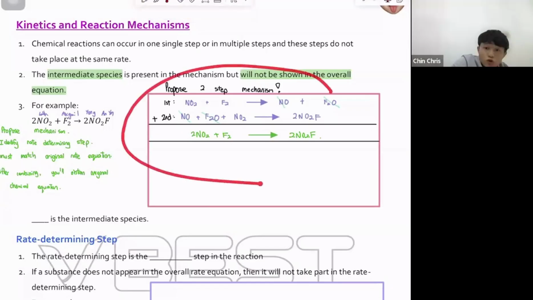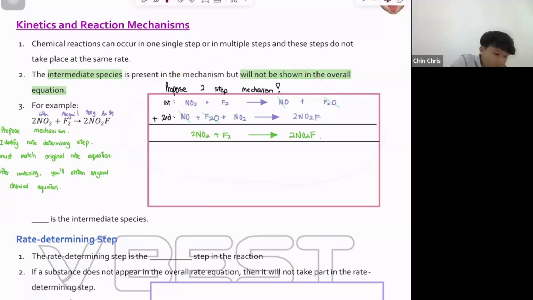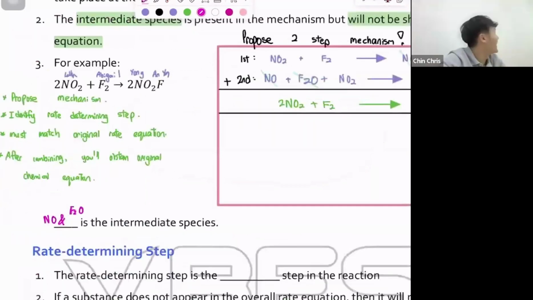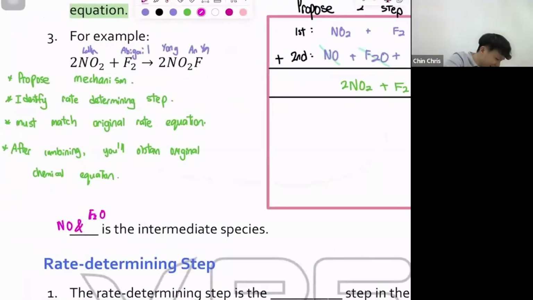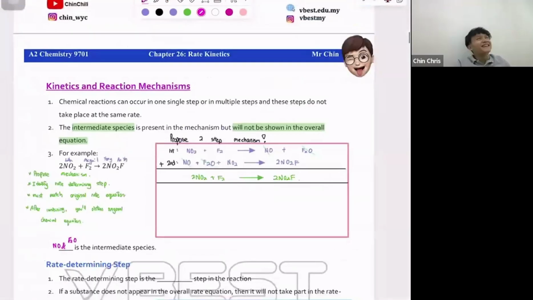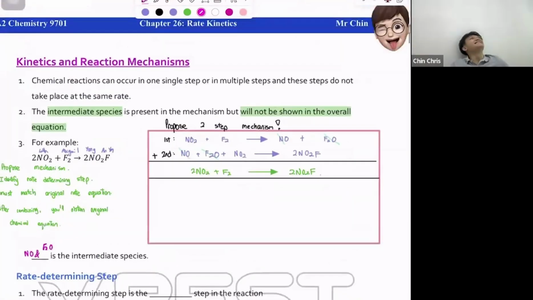Right, guys, let's say if this is your mechanism, our intermediate species is NO and F2O. Is F2O actually a thing? I don't think so.